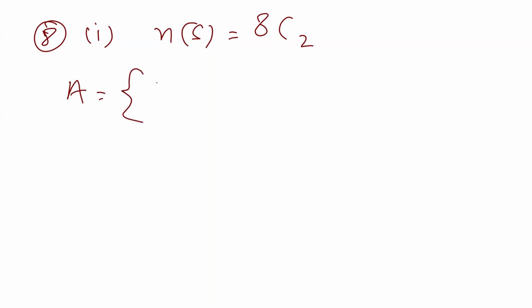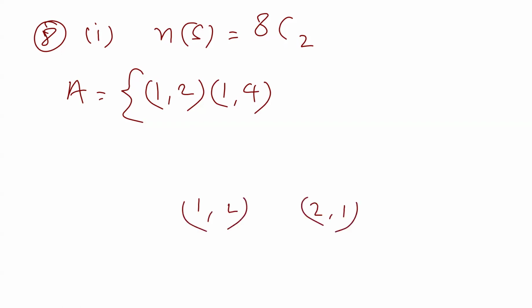So 1 along with 2, the total is 3, the sum is odd. 1 along with 4. Okay, and see, both are taken together. That means 1 comma 2 and 2 comma 1 mean one and the same thing, right? Okay, so this you need to consider very well.